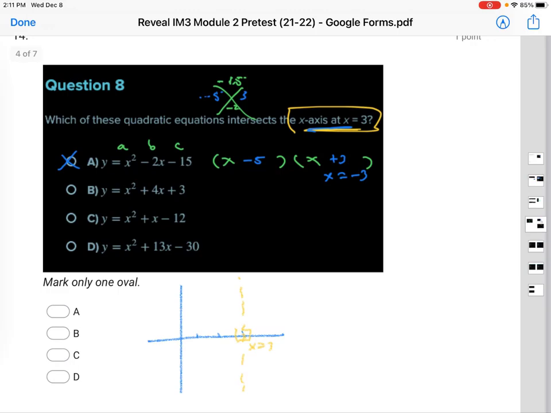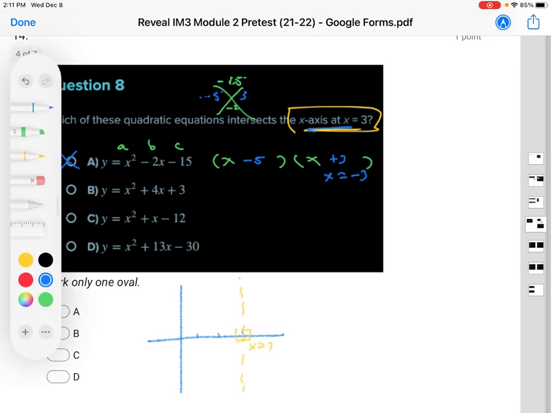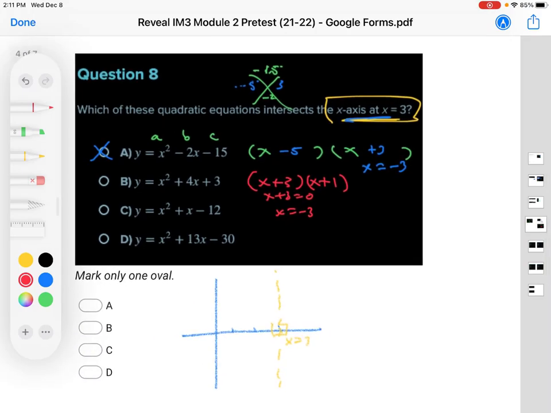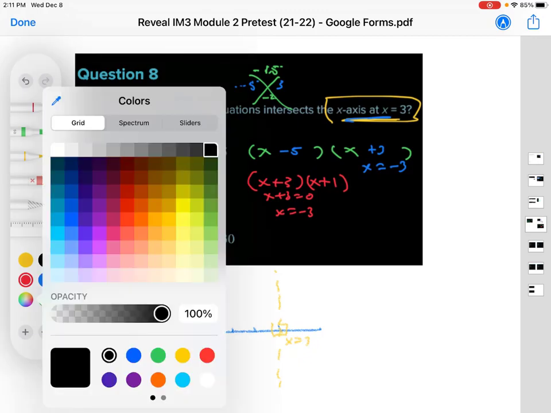All right, let's try a different one. Let's try red. So if I factor these, and then you set it equal to 0, and you solve, you do have negative 3. So this one matches. Let's double check the rest of these.